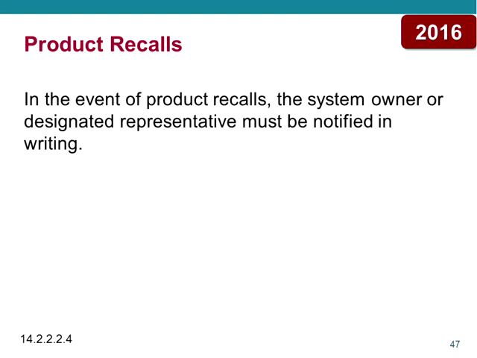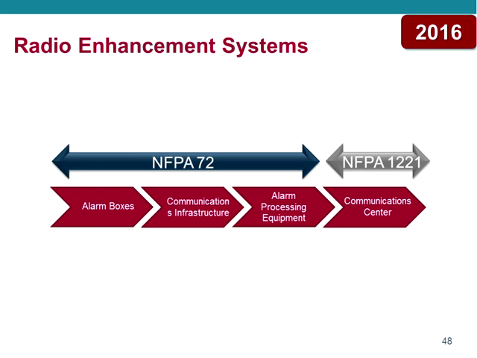So if there is a recall on any fire alarm equipment that is listed, and it has to be listed, by the way, to be used in conformance with the code, then the owner or the designated representative must be notified in writing of the product recall, so that they can take corrective action. That's a pretty big change. We've never really gone down that path before with the committee.